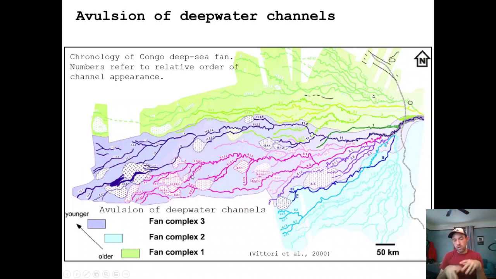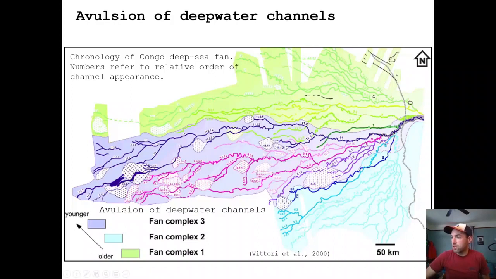You get the distributary system developed from the channel, leaving the steep continental slopes out onto the abyssal plain. It starts to form a distributary network where one channel might be active at one time, and you get multiple lobes as they super elevate, avulse, switch, and so forth. Okay.